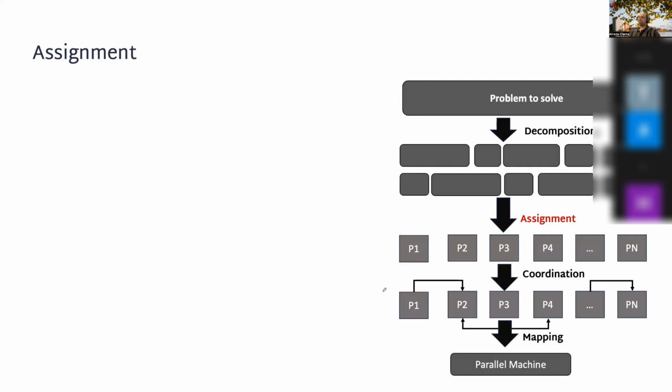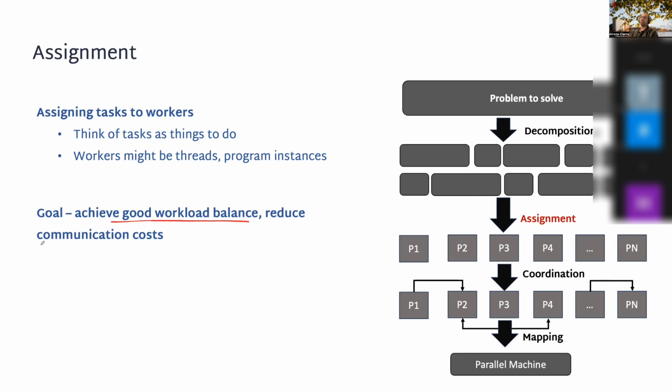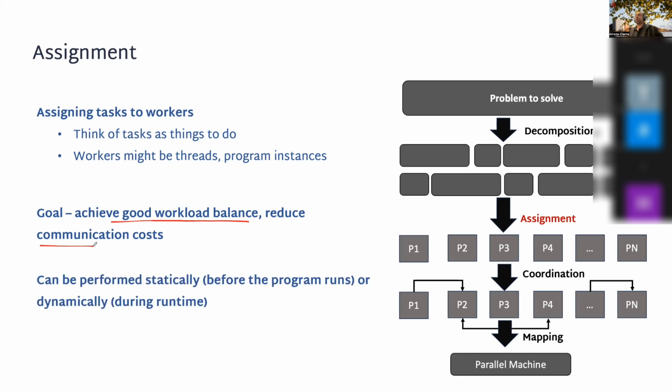All right, so after the decomposition, we have the assignment, which is quite simple. We want to assign tasks to the threads or workers, and here the main goal is to achieve a good workload balance and to reduce the communication cost. So in this case, we want to keep the workers or threads as busy as possible during the computations without a lot of communication, right?